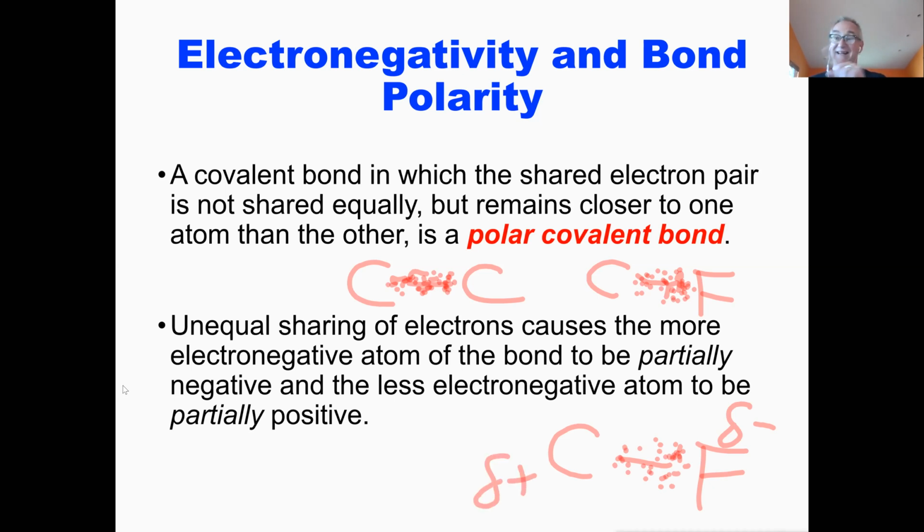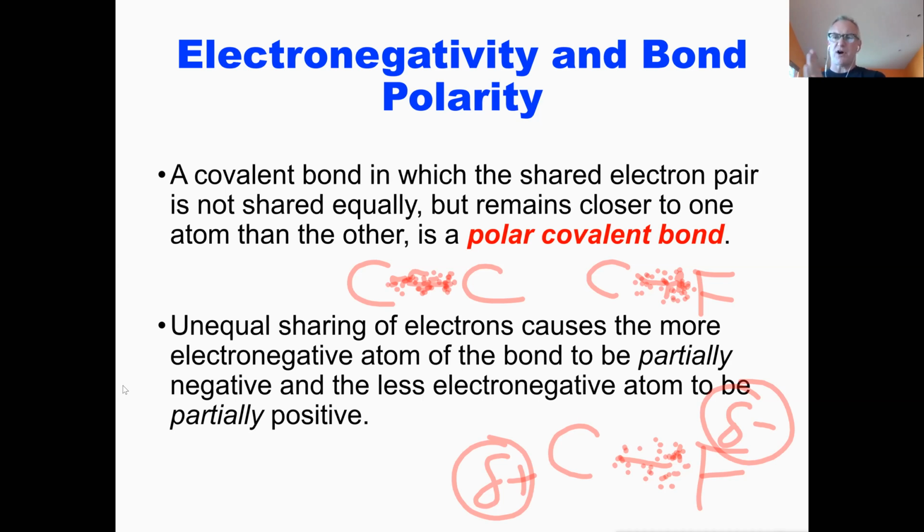We call that a dipole because it has two poles, one slightly positive, one slightly negative. And we represent it in a couple of different ways. This one is with delta minus, delta plus. Delta plus goes to the atom that has lower electronegativity, and the delta minus, which has a little more electron density close to it, gets the delta minus.